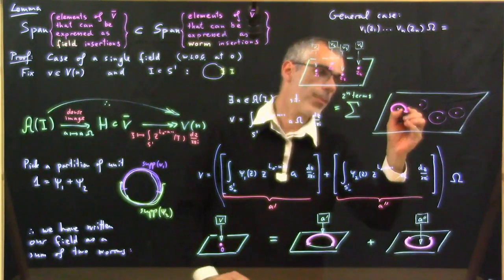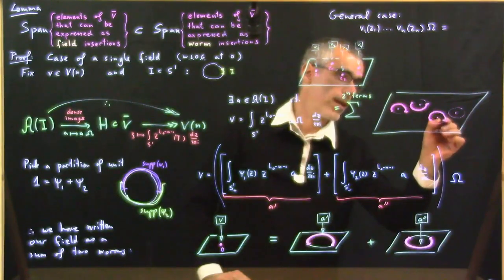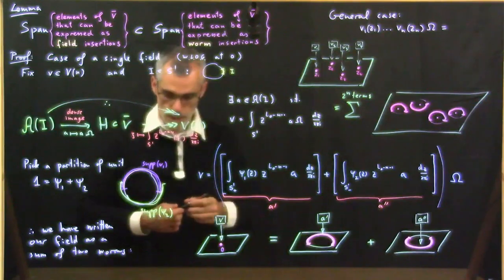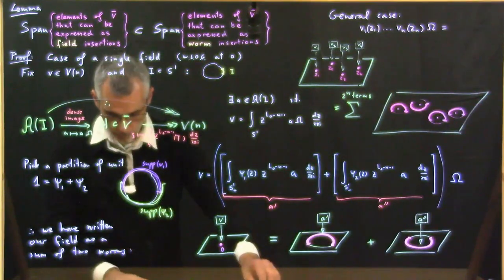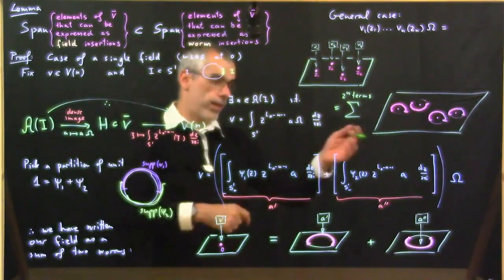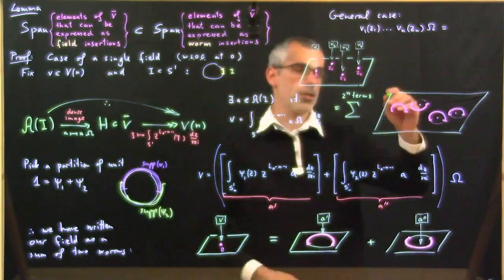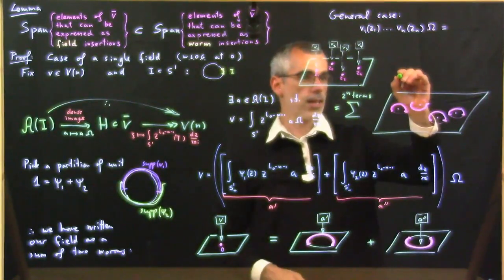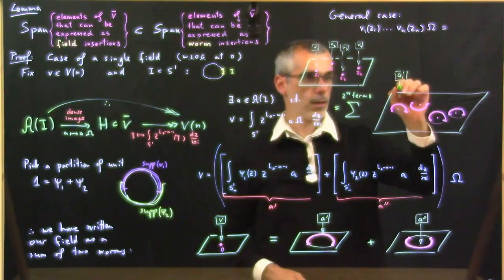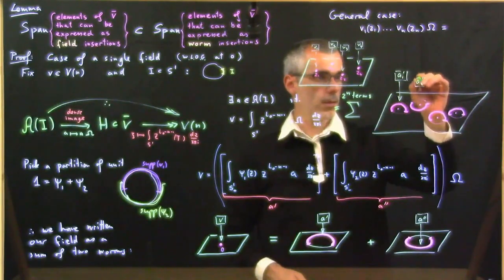So say here we take the upper half, and here we take the lower half, and here maybe again the upper half, and here maybe again the upper half. And so V1 we write as a sum of A1 prime and A1 double prime. So here we have the one with a prime, so that's A1 prime. And here A2 double prime.